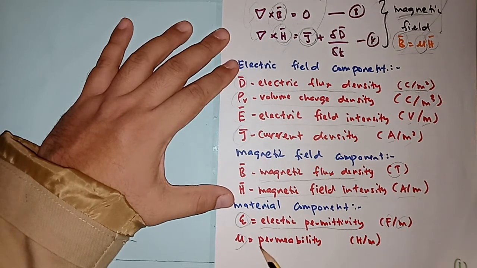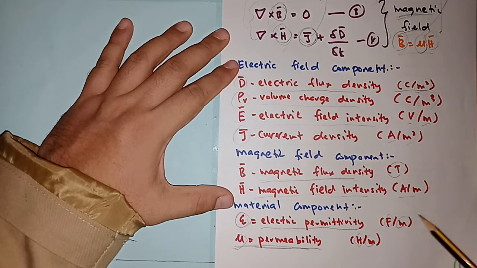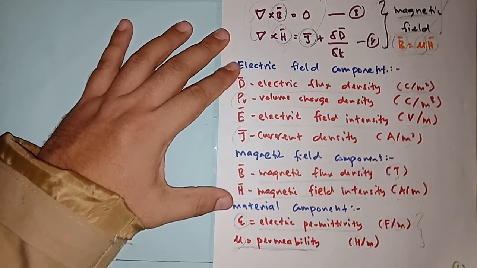Mu represents permeability, and its unit is Henry per meter. These two parameters depend on the material, and each material has its own value.